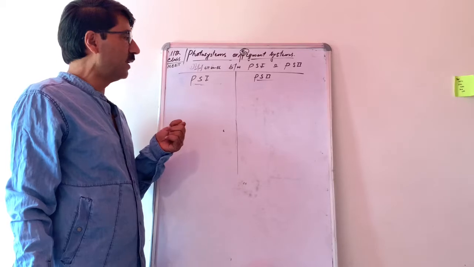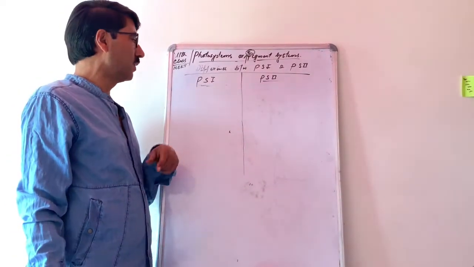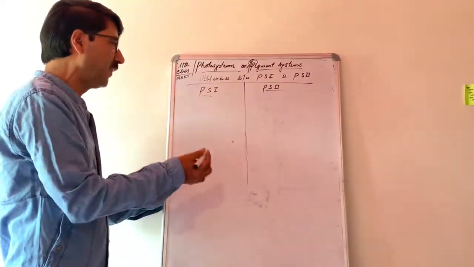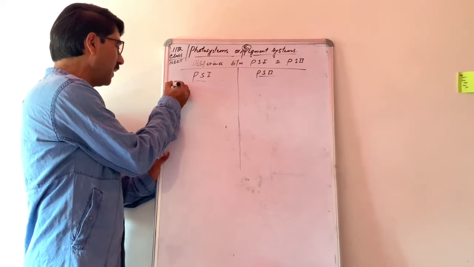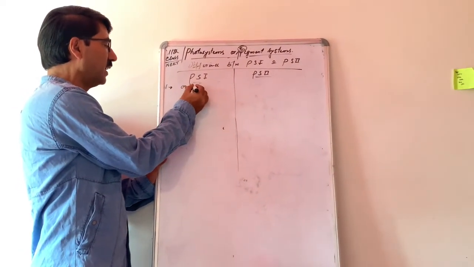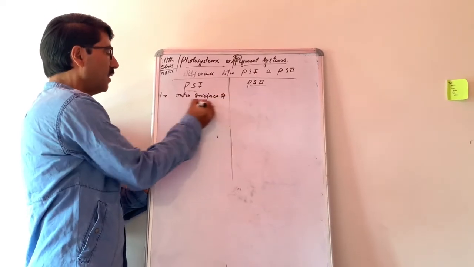So granal thylakoids वो thylakoids होते हैं जो grana में होते हैं, और stromal thylakoids जो dispersed होते हैं stroma में. तो पहली difference हम यही लेंगे. PS first is found on the outer surface of thylakoids.